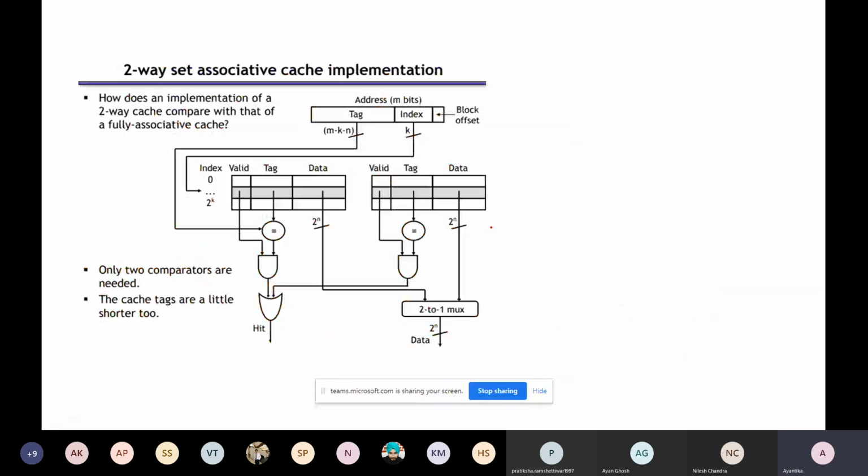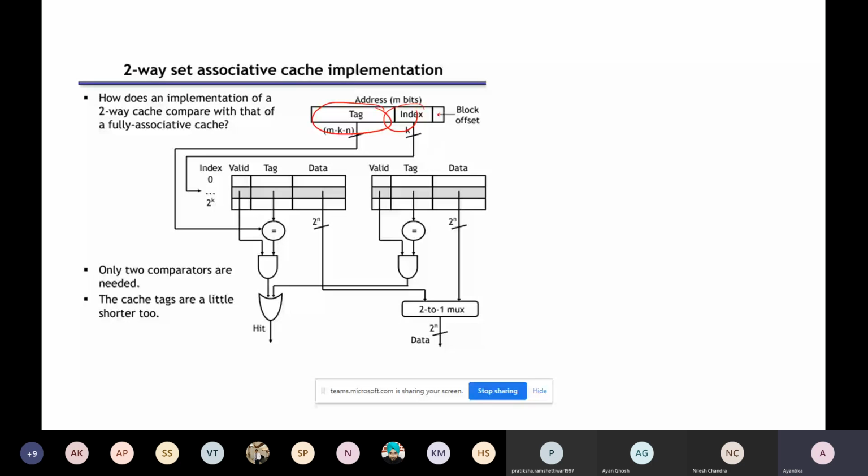Okay, so this is the example of a two-way set associative cache. You can see here, whenever you are getting some address, you are getting the tag, some index, and the block offset.